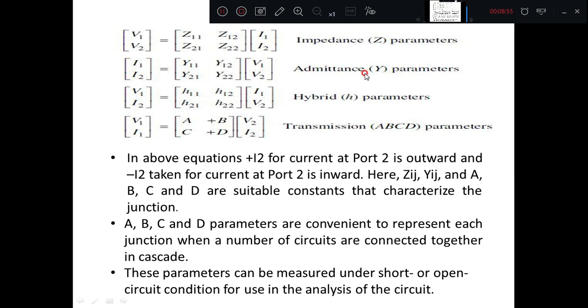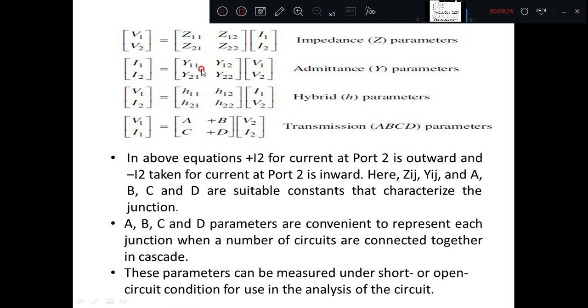Similarly, for admittance parameters, the currents are related with the voltages. I1 is equal to Y11 P1 plus Y12 P2, and I2 is equal to Y21 P1 plus Y22 P2. Just as we define the Z parameters, you can also define the Y parameters.